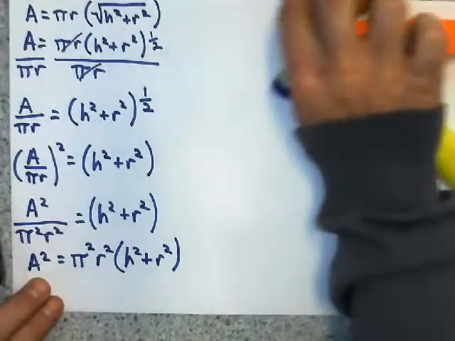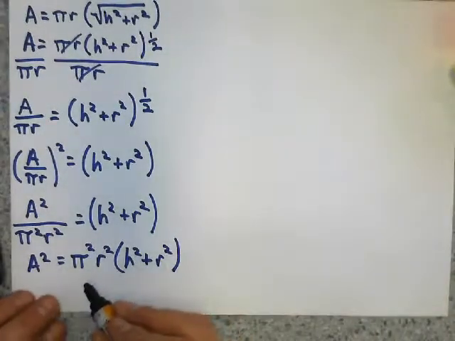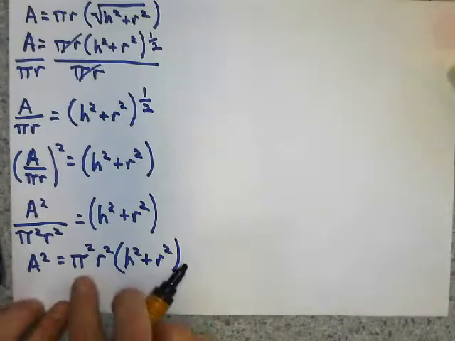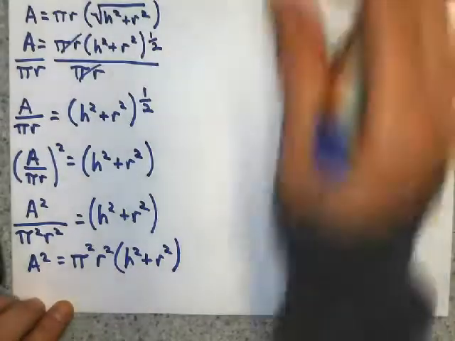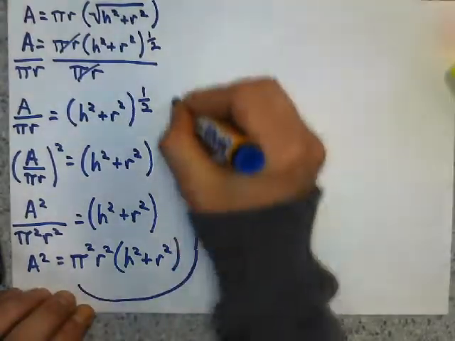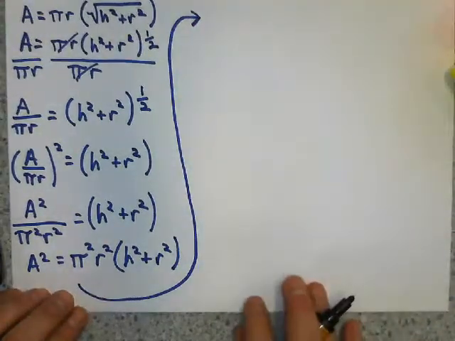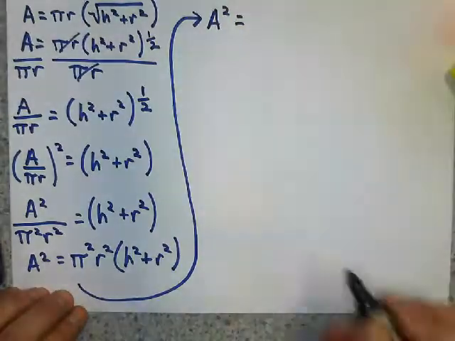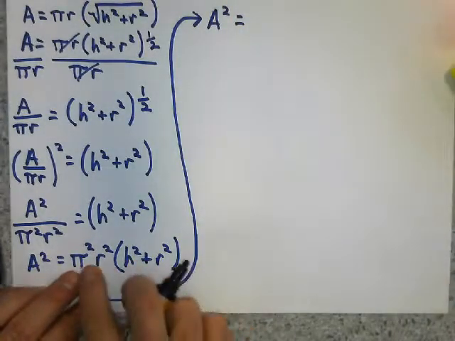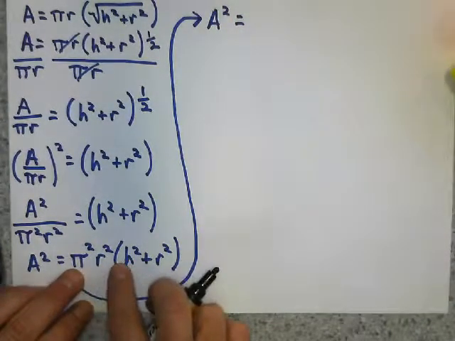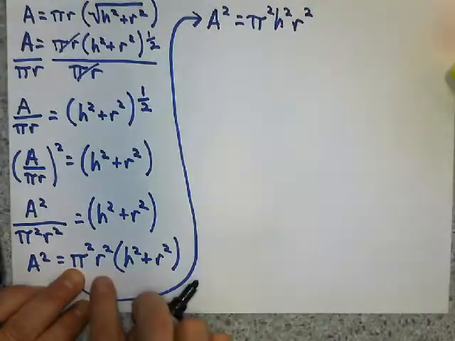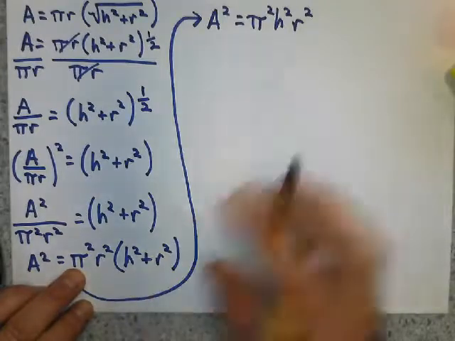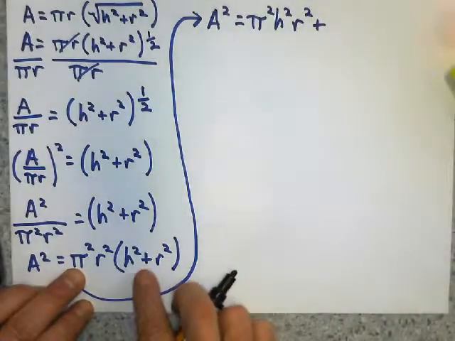Now I think I expanded this through. When I multiplied this through, I get pi squared h squared r squared. And when I expand it to this term, I get pi squared times r to the 4th.